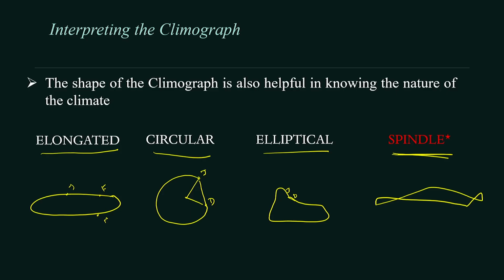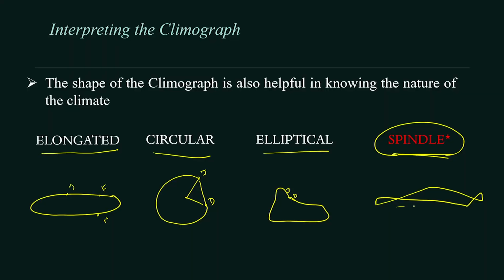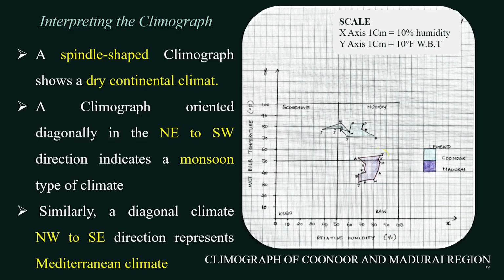I have highlighted the spindle shape because most of the graphs will be generated with this shape. Finally, after plotting all the values from the Coonoor station, we will somewhat get the spindle shape like this.